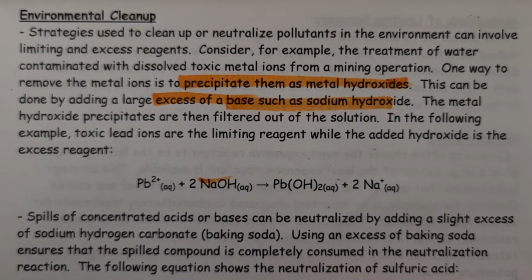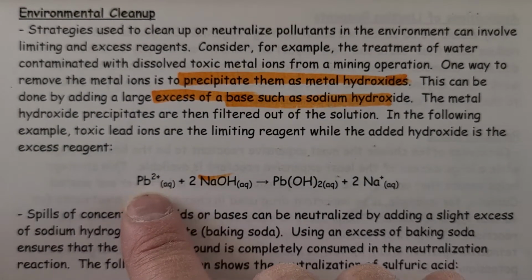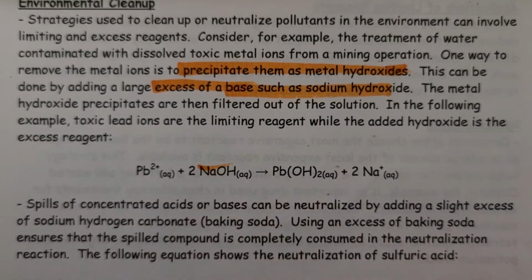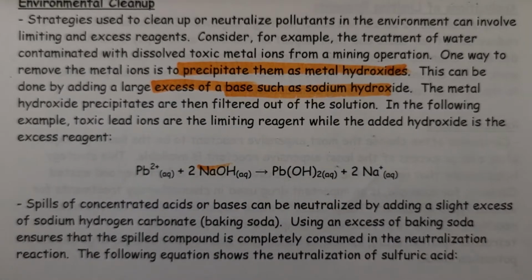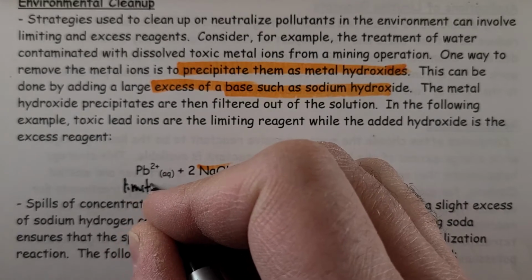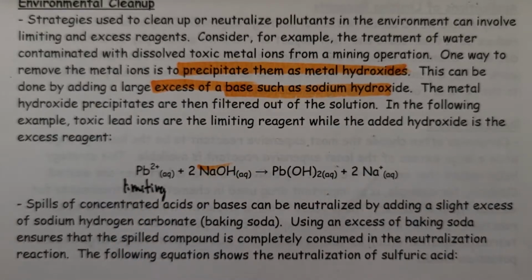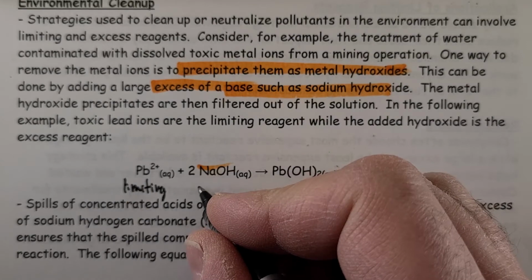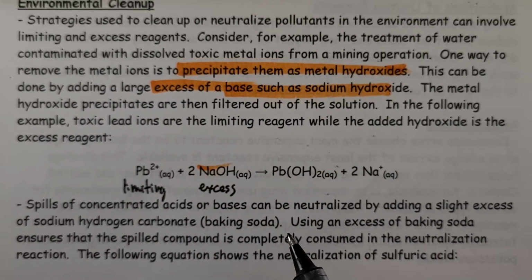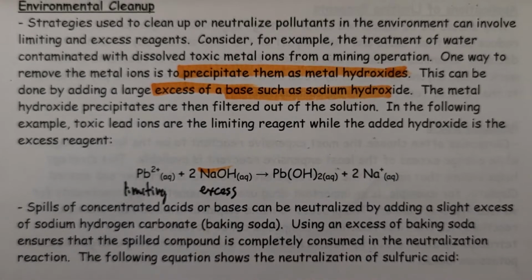In the following example, toxic lead ions that are dissolved in water, so that's why they're showing up as lead 2, will combine with hydroxide to make this. Of course, this would be whatever we have in the water. We want to be able to use it all up. And of course, the material that you want to use up is the limiting reagent. And this we would have in excess, leftovers, to make sure that all of this gets used up.